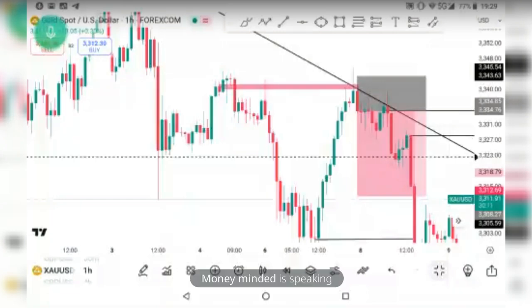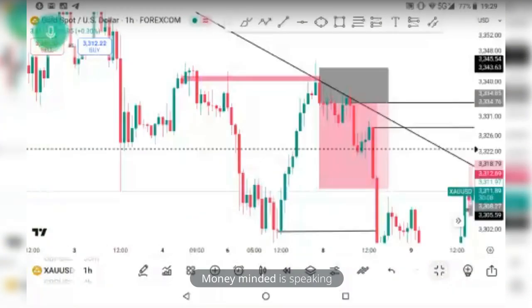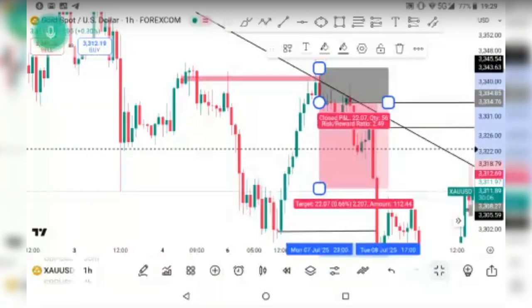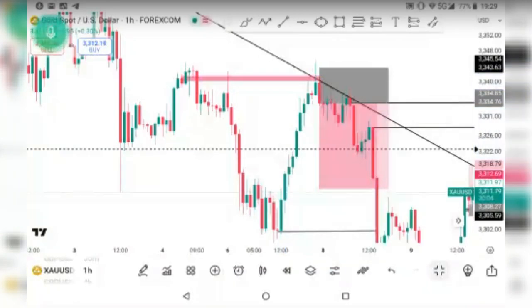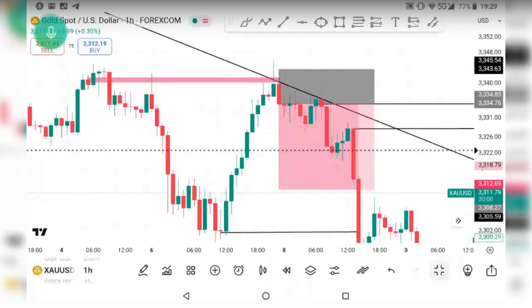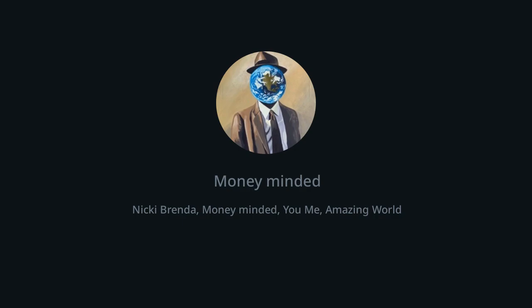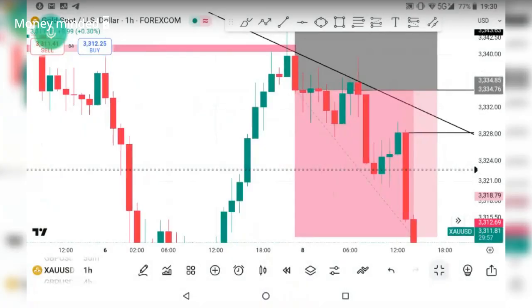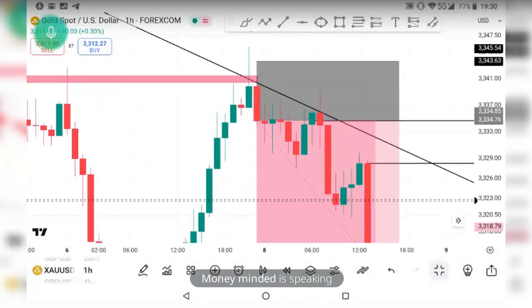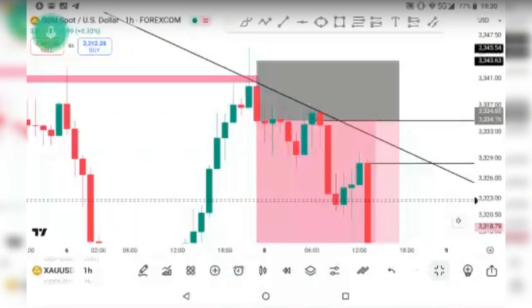Let's look for a bullish engulfing. This is the bearish engulfing. Let me zoom it out. This is for the bearish engulfing, for the sell. Now for the bullish engulfing, let's look for the bullish engulfing pattern and take a buy.